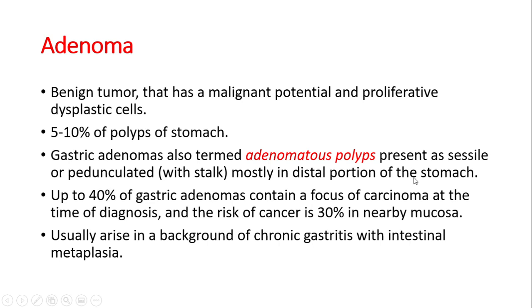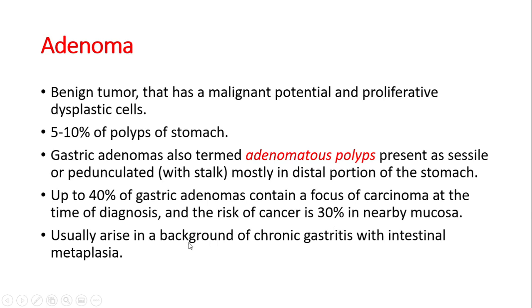Again, in the distal portion, in the antrum, that is the typical location of antral gastritis of H. pylori. 40% carry a focus of malignant changes at the time of diagnosis, and in 30% there are adenocarcinoma changes in the surrounding mucosa.